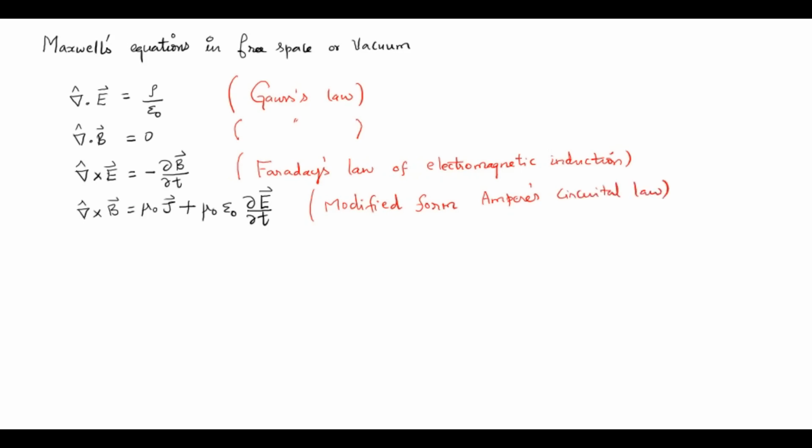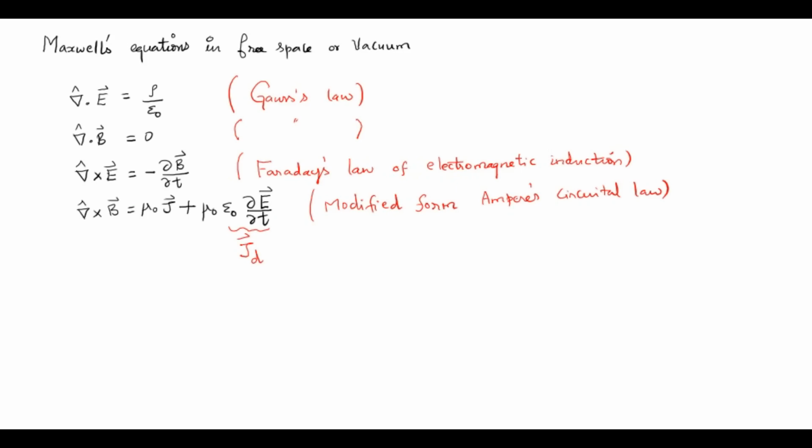This is the displacement current addition, that is epsilon partial E vector by partial t. It is nothing but the displacement current, and this is Maxwell's creation.